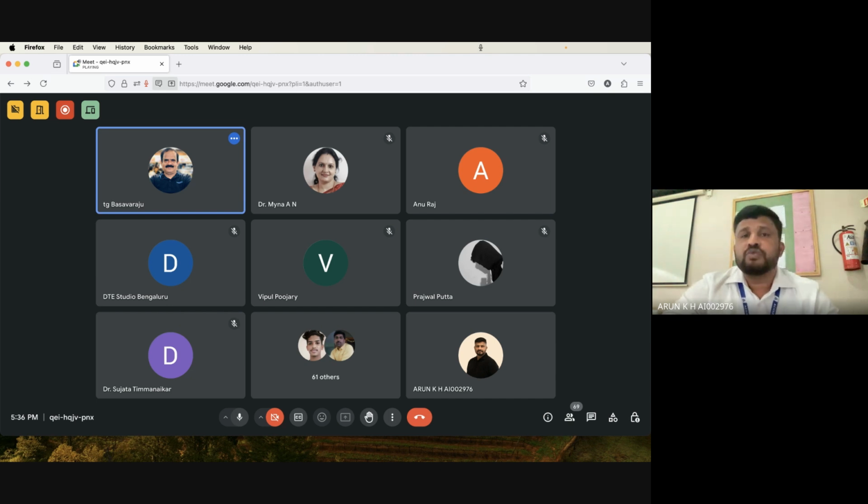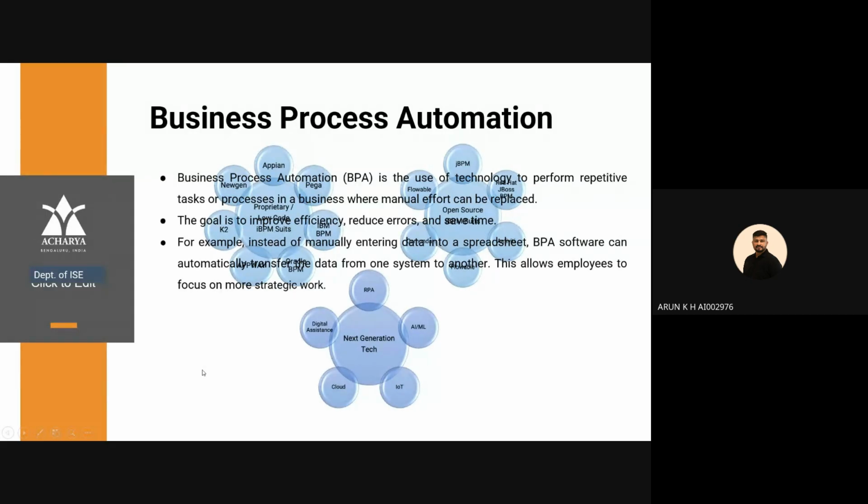So Appian is one among such tools which will help us to build applications. All right. Now, as you can see here, the left-hand side of the diagram was demonstrating that these tools are available in two ways. One is proprietary based, the other one is open source. So Appian is a proprietary business process management suite.